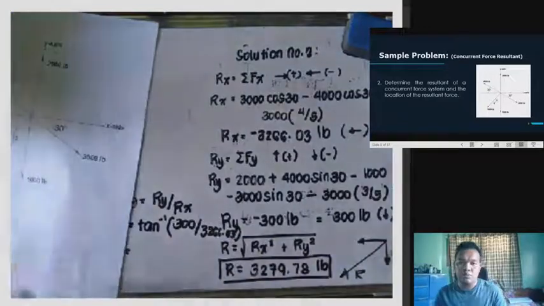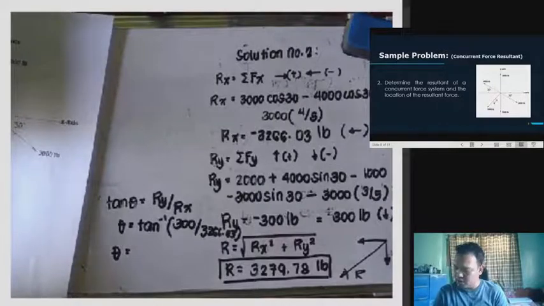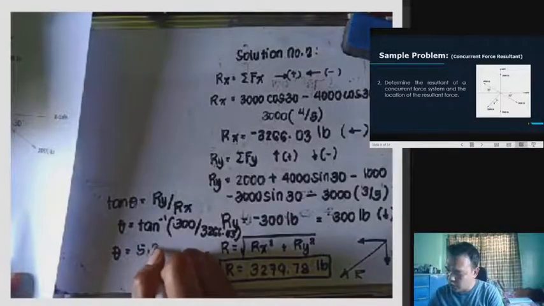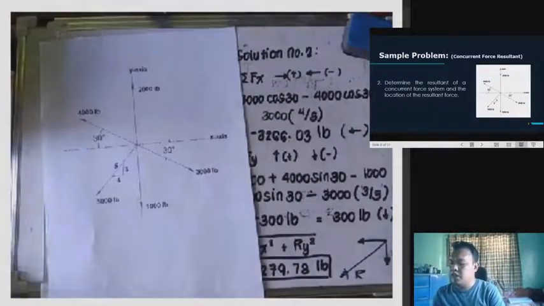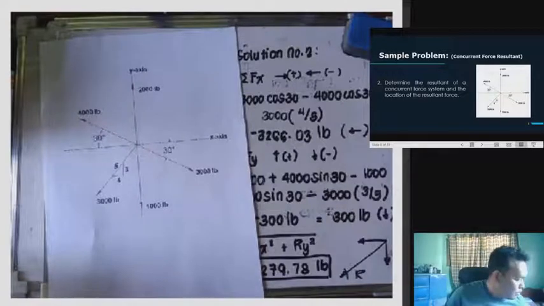Theta is equivalent to arctan 300 all over 3266.03. So we have here 5.25 degrees. Ibig sabihin, the direction of our resultant force will be nanditong point.